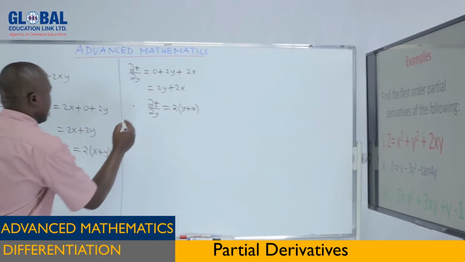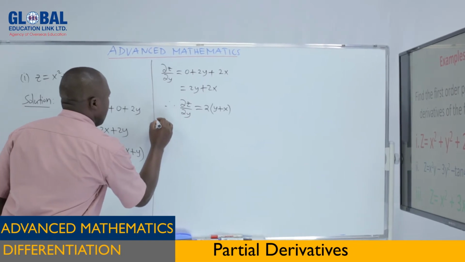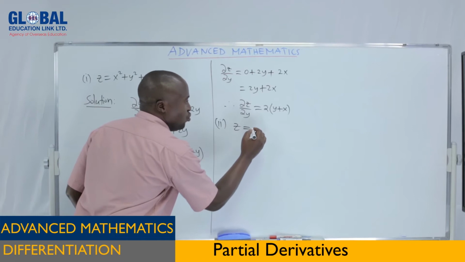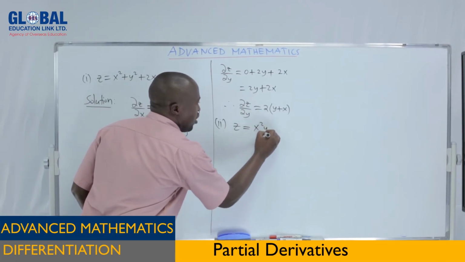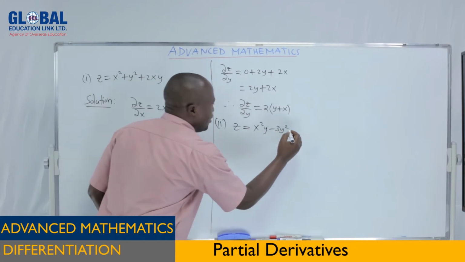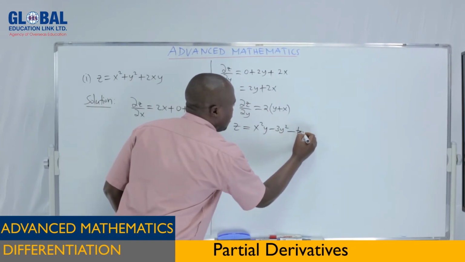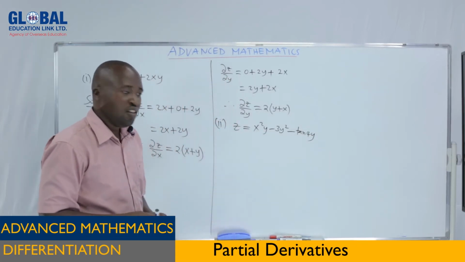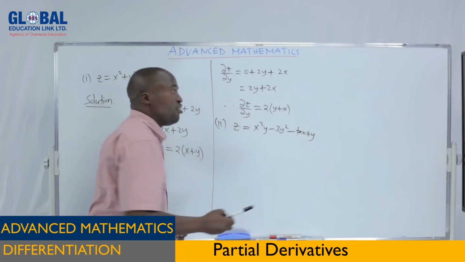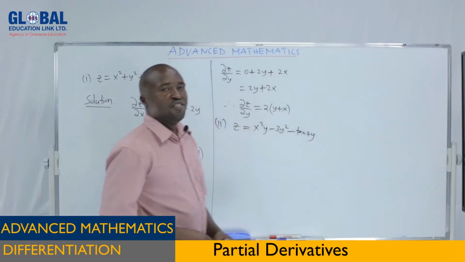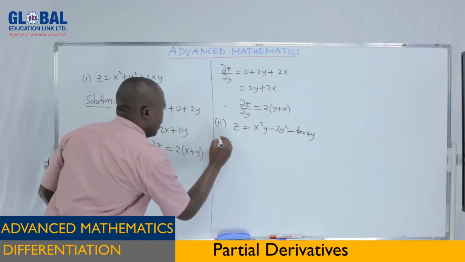So our second question: we have z is equal to x squared y minus 3y squared minus 4y. In this case, we are looking for the first order partial derivatives. So the solution.